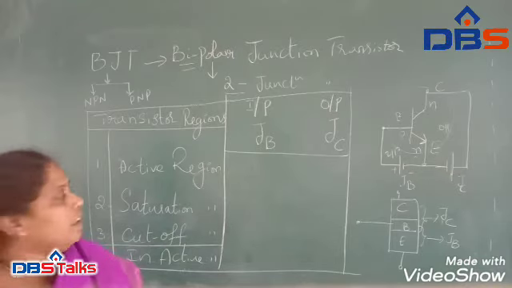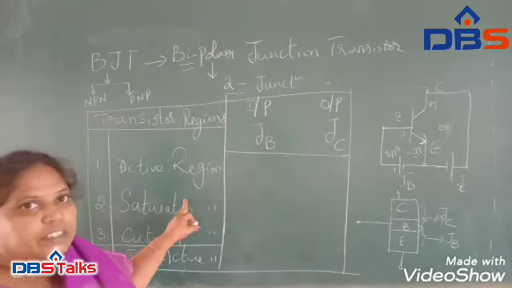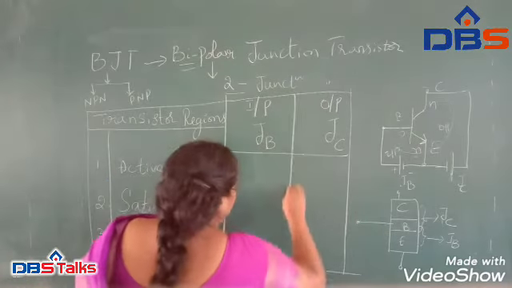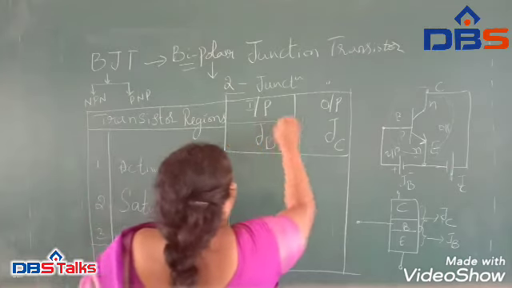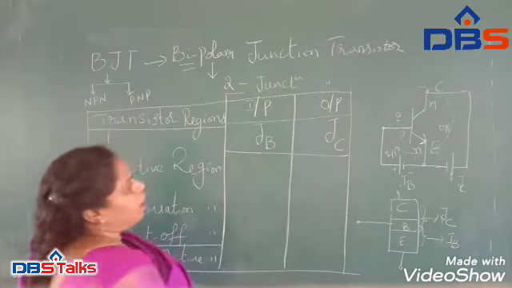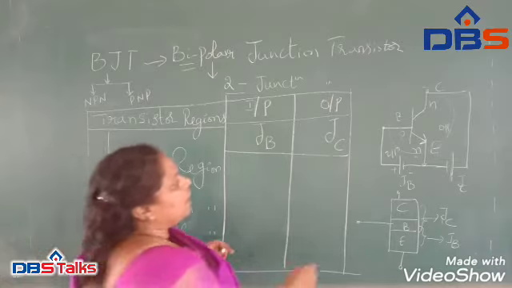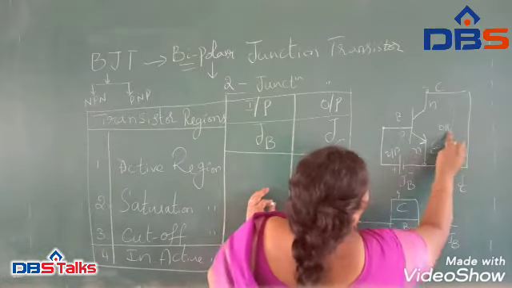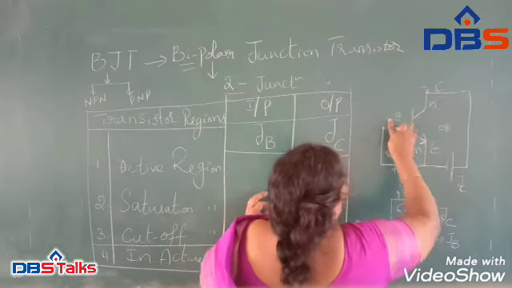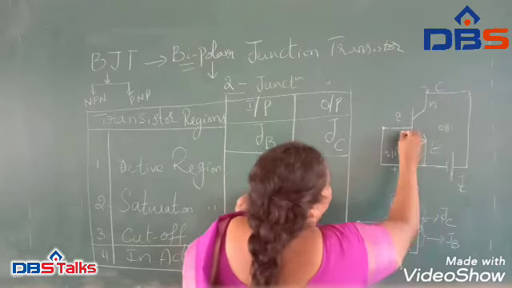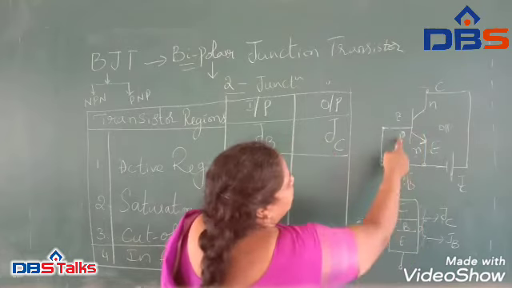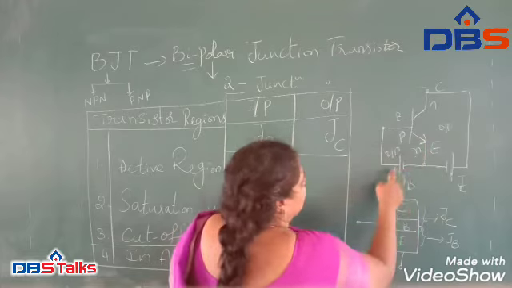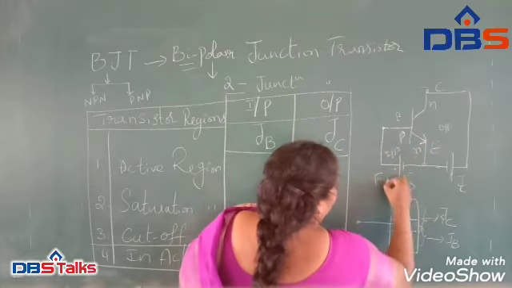How we say it is the saturation region, active region or cutoff region depends on these junctions, the input junction and the output junction. Here in this example, what is the biasing type of the input junction? Positive to positive and negative to negative. Both are the same, so it is forward biasing.